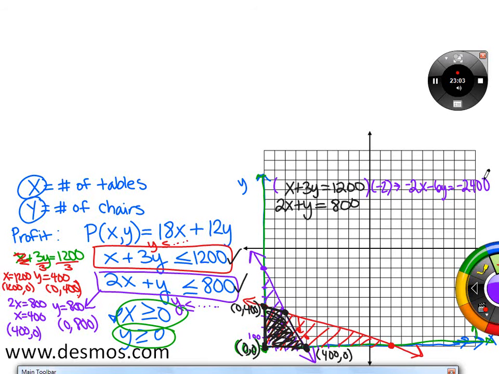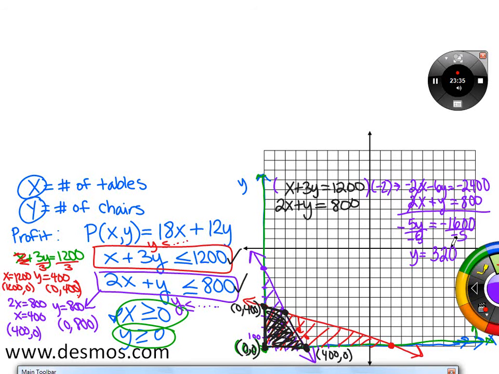And then here I will still have 2x plus y equals 800. The x's will cancel. I will have -5y equals -1,600. And then I will divide both by -5. And so I will get that y is equal to, let's see, 320? Okay.